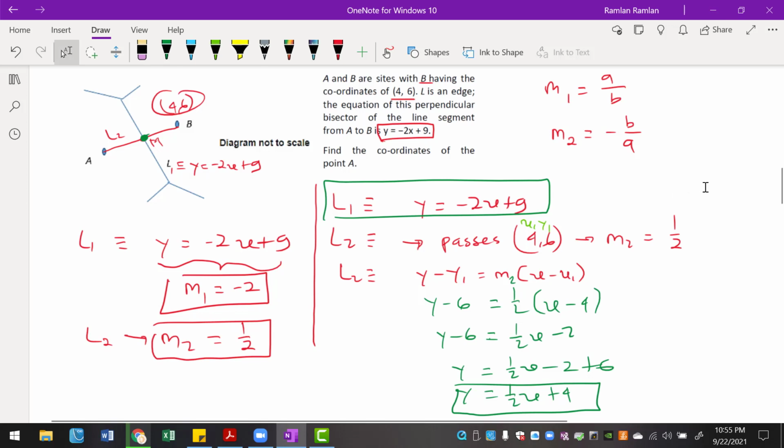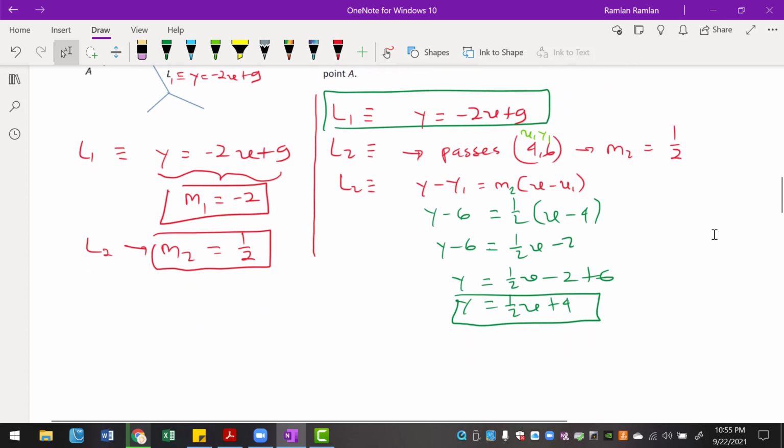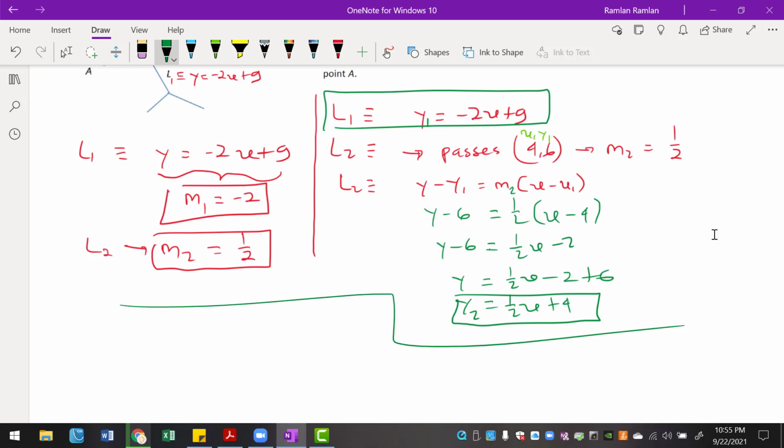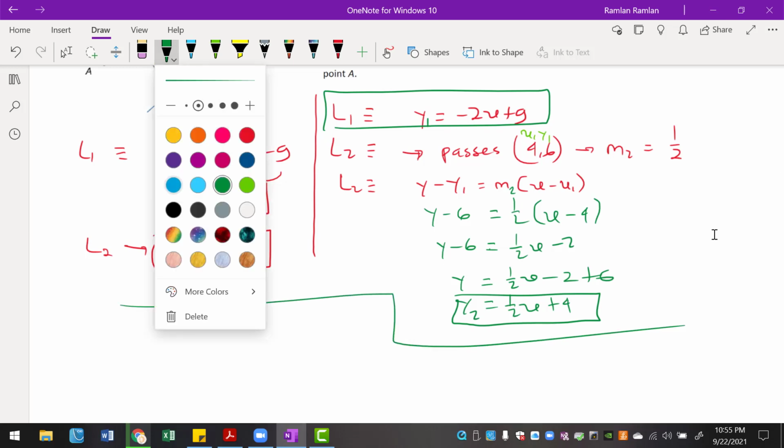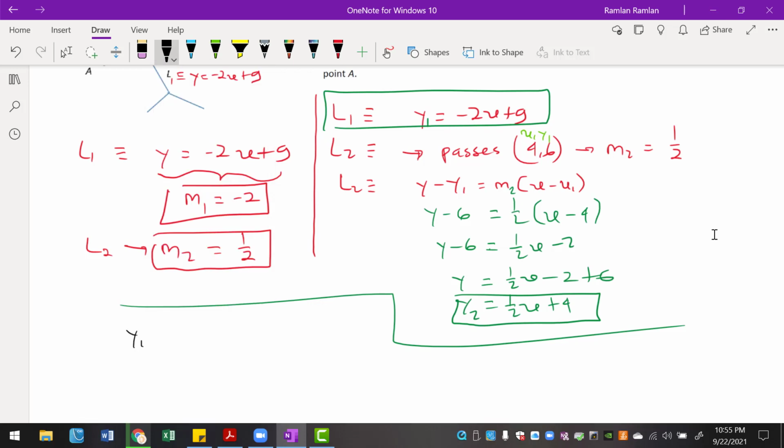So again, we can use a system of linear equations if you want, like substituting or eliminating. You can do that. I'm going to use substitution. So let's say this is y1 and this is y2. Because they are going to be the same for the value of y and x, I can write down as a conclusion that y1 is going to be y2.